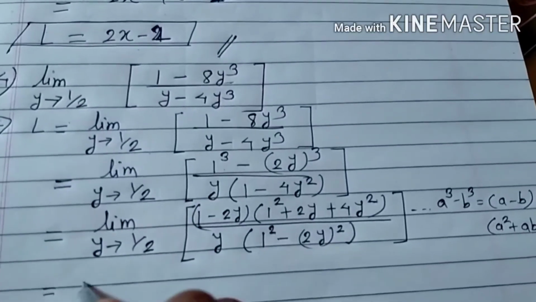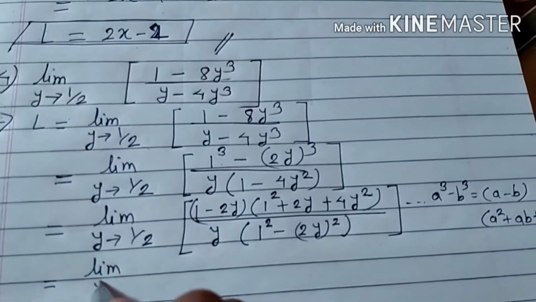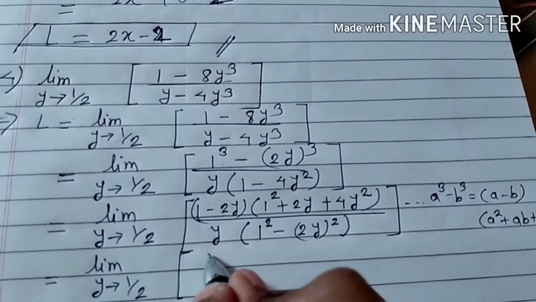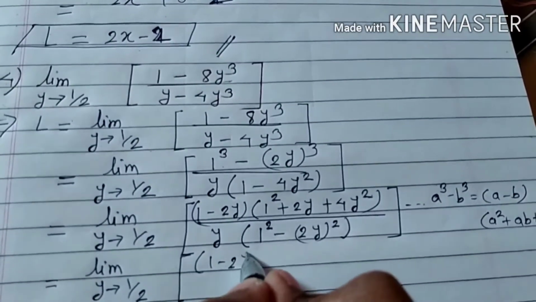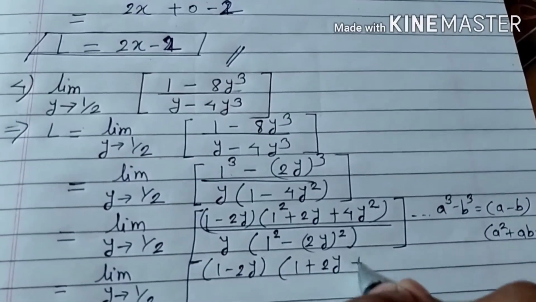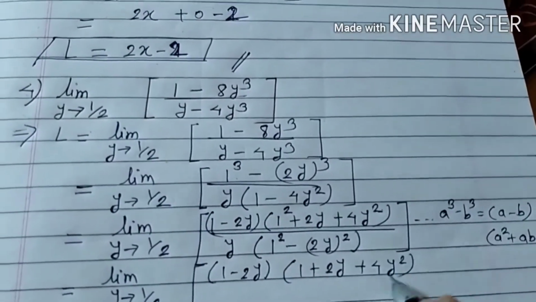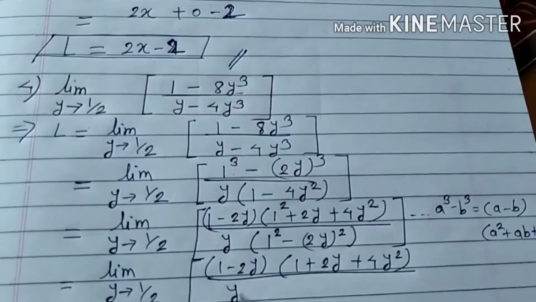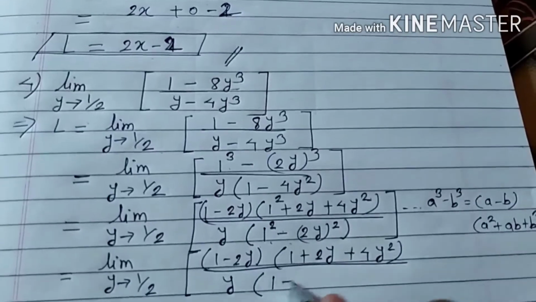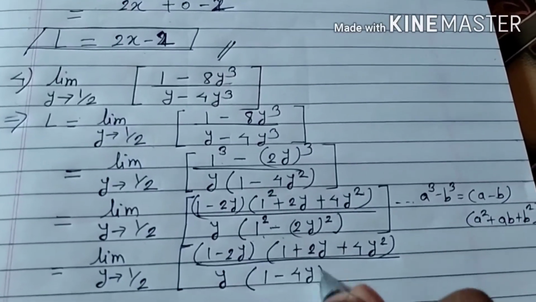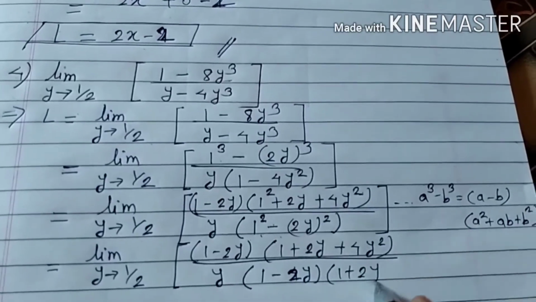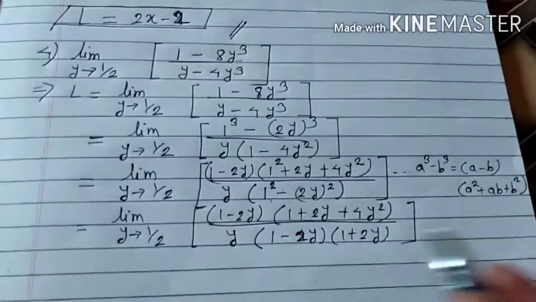Now next, it is a square minus b square, so (a minus b) and (a plus b). Okay.